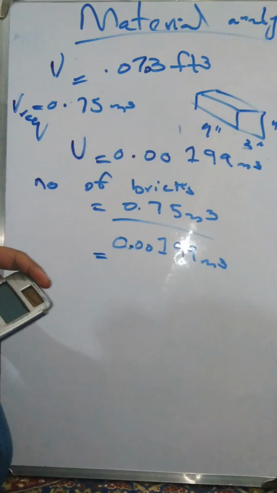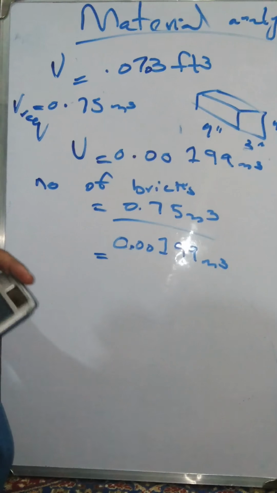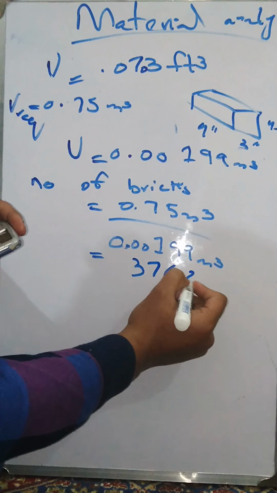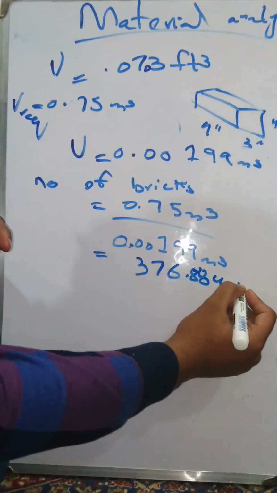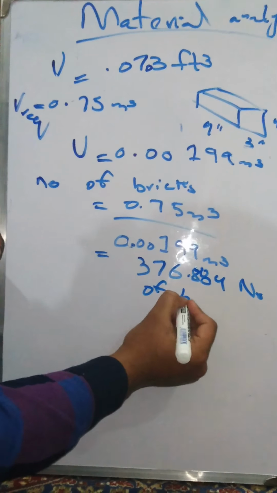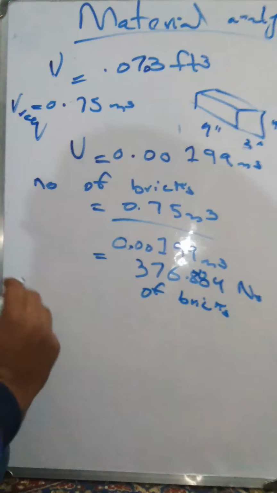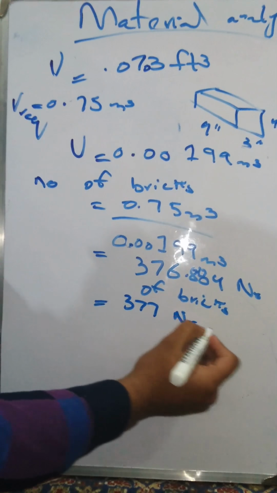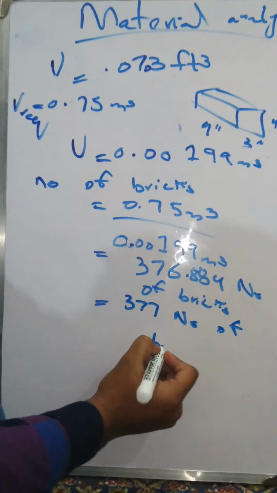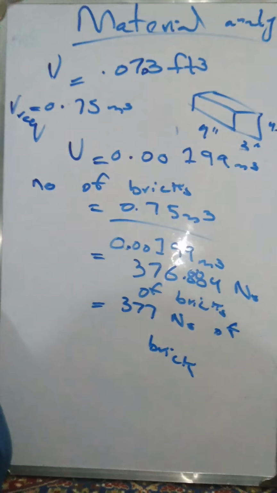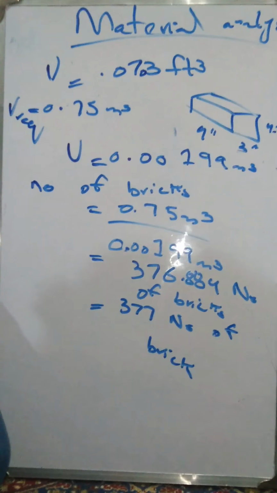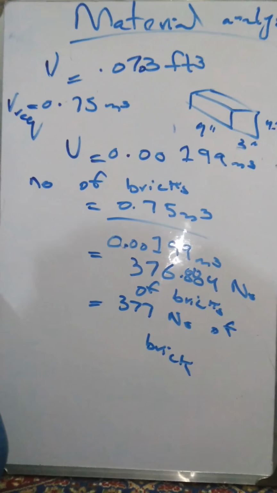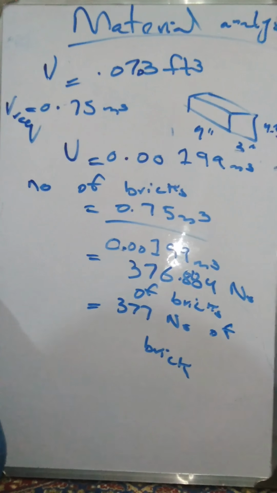By dividing it, 0.75 divided by 0.00199, I would get 376.884 bricks. Let's round it off to 377 bricks. These are the number of bricks which we require for 1 meter cube wall, as they cover the 0.75 meter cube, because 0.25 meter cube is the mortar, as I told you earlier.